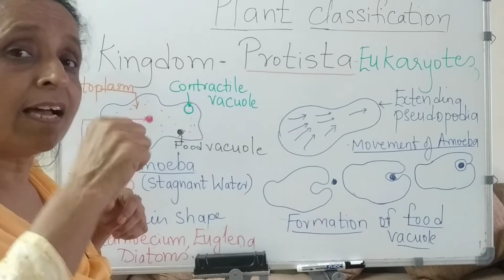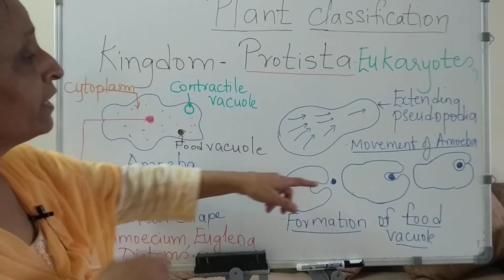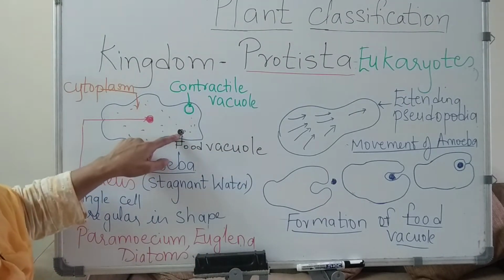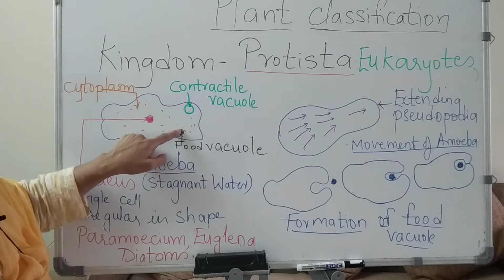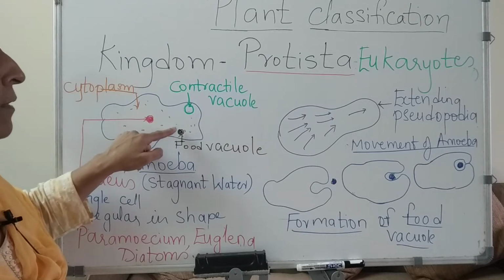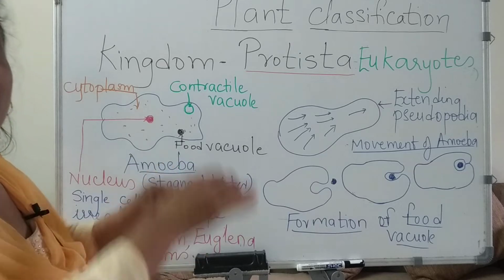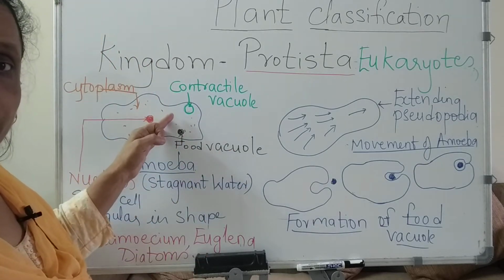And various digestive enzymes are released for digestion of the food inside the body. Here you can see food vacuole. Digestion is taking place in the food vacuole. It is not diluted by the cytoplasm. The digestion takes place in the food vacuole. After digestion, the food is stored in the cytoplasm.